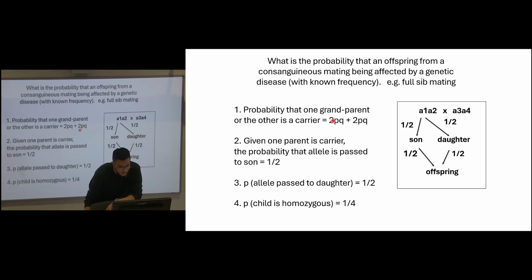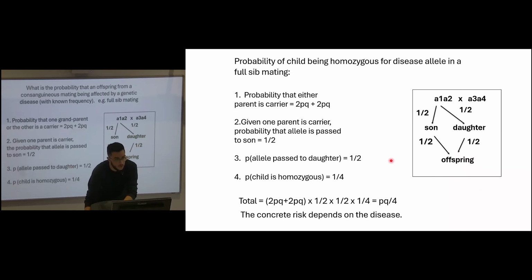You've seen this before. Then given that one of the parents is a carrier, the probability that that allele is passed to the son is 1/2. The other is 1/2, right? And the probability that the child is homozygous is 1/4, because you multiply this by this.